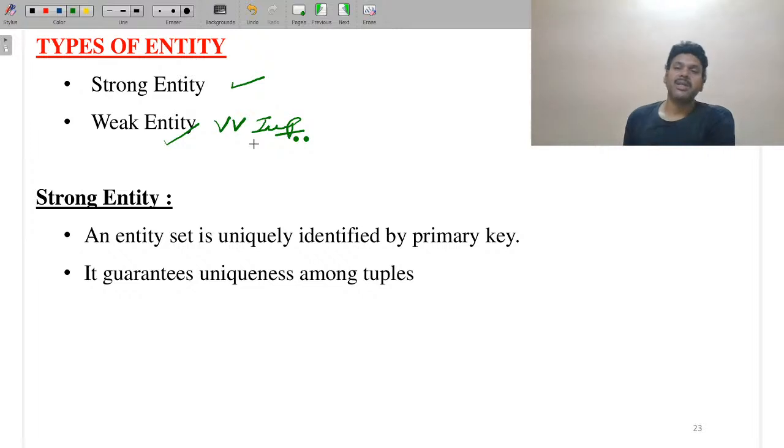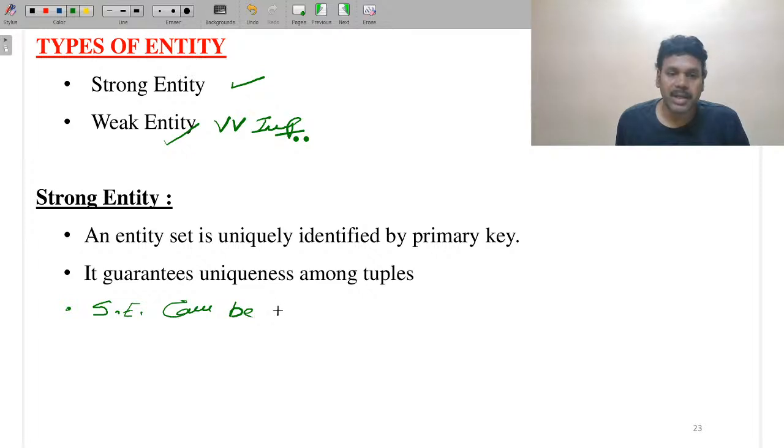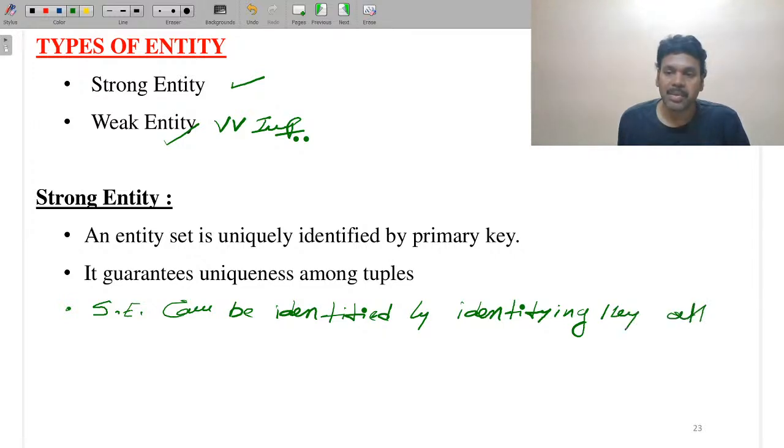Therefore, a strong entity can be represented alone. So how will you identify a strong entity? A strong entity can be identified by identifying key attributes.